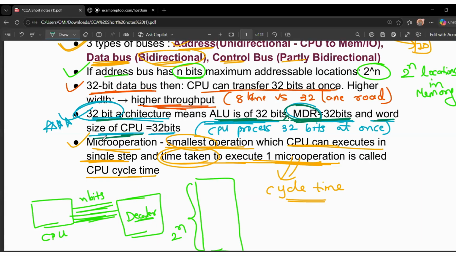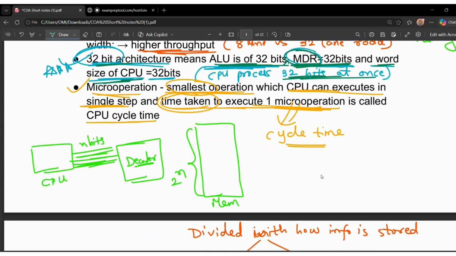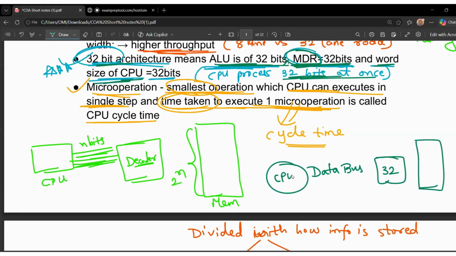If the CPU can process 32 bits as one, what does it mean? You require the data bus to be 32 bits to get that data from memory to the CPU.